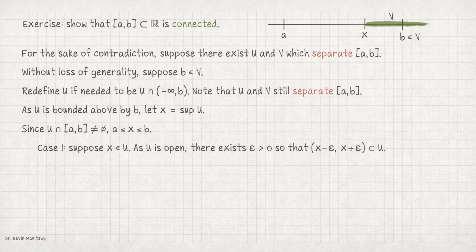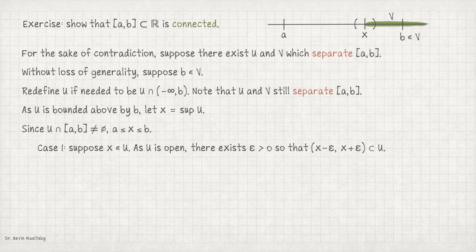For the first case, suppose X belongs to U. Since U is an open set, X is an interior point, so we can find some radius epsilon greater than 0 so that the epsilon neighborhood around X, which you can write as X minus epsilon through X plus epsilon, is a subset of U. Think about that for a moment and compare it to the diagram at the top.